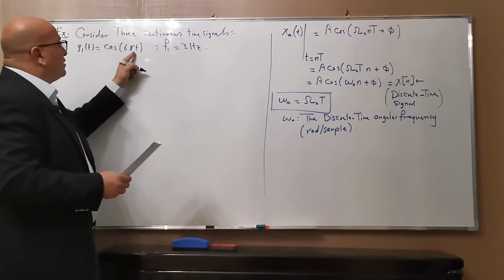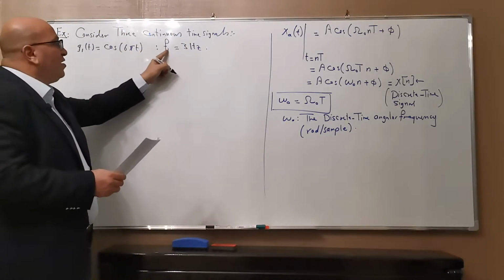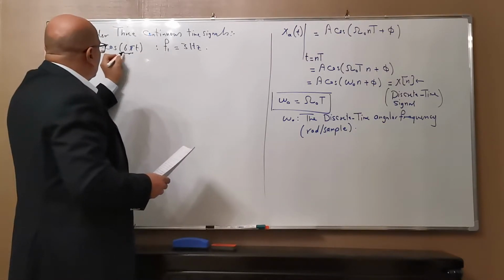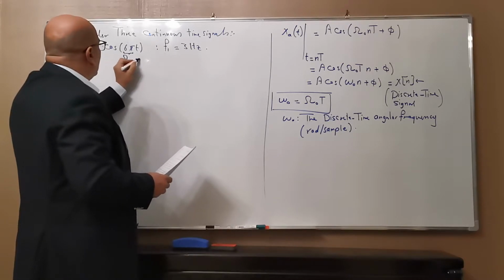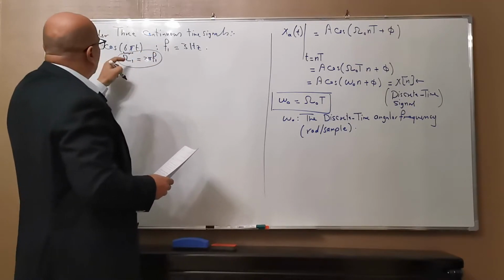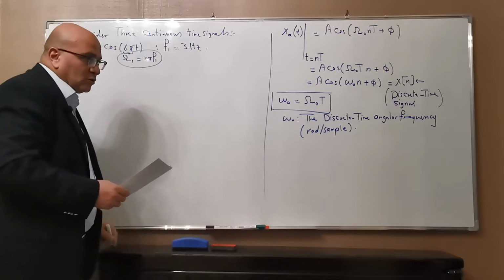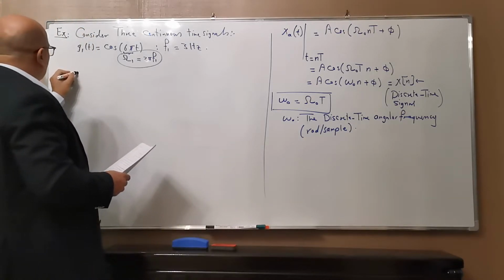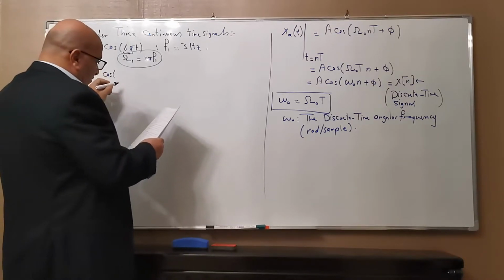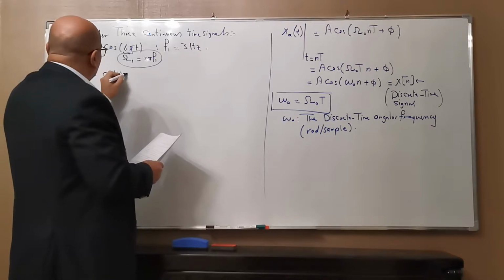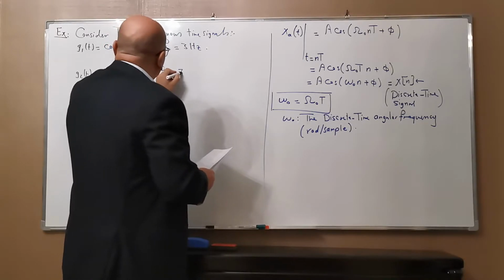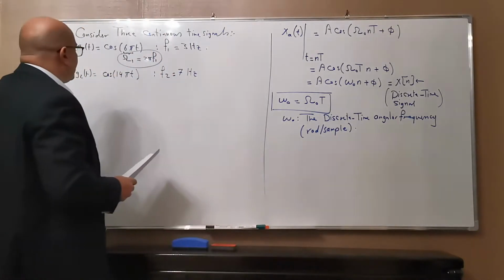We know that the frequency in radians per second is 2 pi f, so this 6 pi is omega 1, which is equal to 2 pi f1. So 3 times 2 pi is equal to 6 pi. g2 of t is equal to cosine of 14 pi t. This means that we have f2 equals 7 hertz.